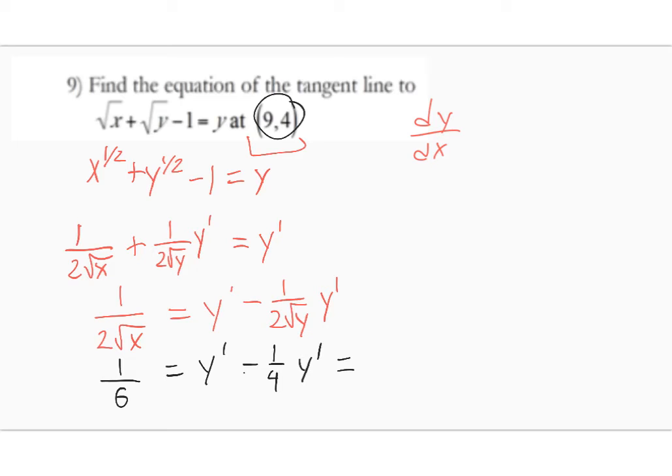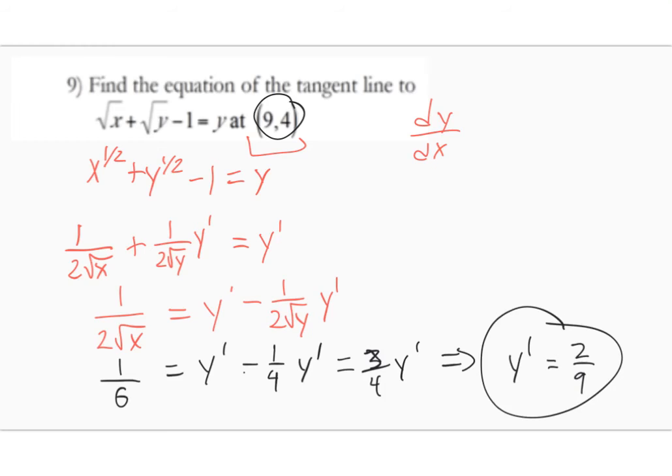So that's going to be y prime minus a quarter y prime would be 3/4 y prime. And to get that by itself, we're going to multiply both sides by 4/3, and I get 4/18, which is 2/9. Cool, that's my slope. I almost forgot I actually had some stuff to do here. So we've got our y value, 4, plus the slope, 2/9, multiplied by x minus that x value. At this point, we are done.